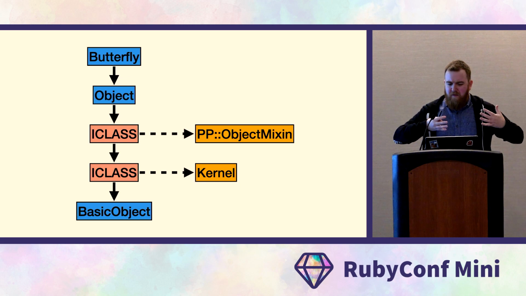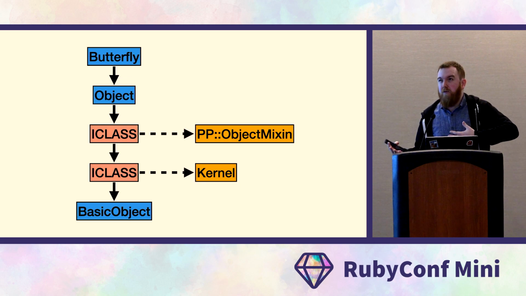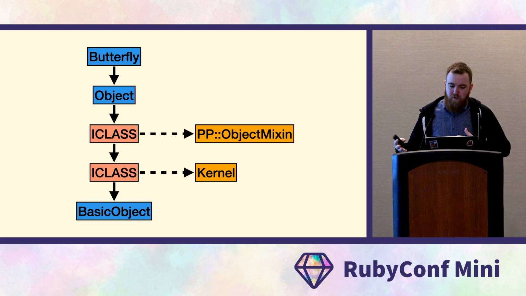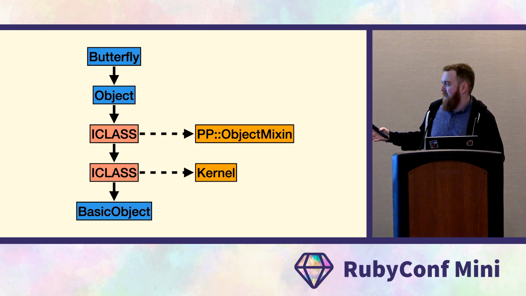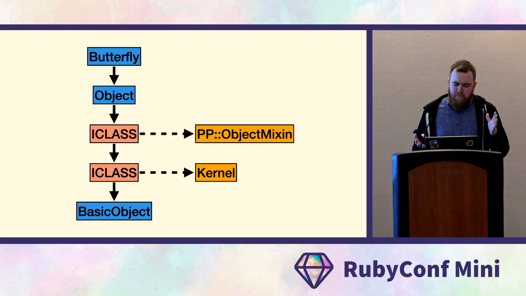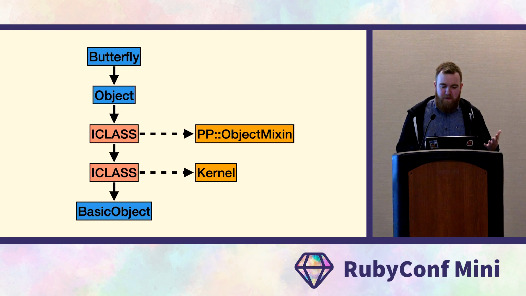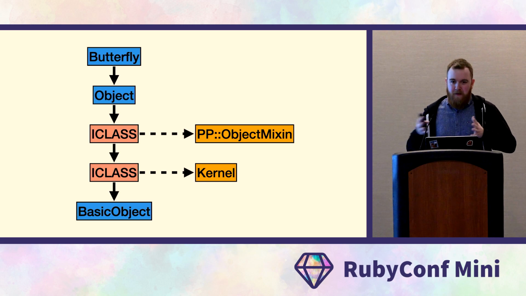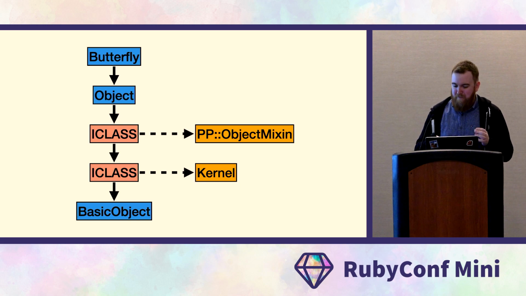Those represent the inclusion, or if you prepend a module into a class, you get one of these objects. I think that's just an implementation detail. You're never supposed to see this from Ruby. It's hidden. It just makes it so the C Ruby code internally can treat it as if it's single inheritance, even though it has this kind of multi-inheritance mix-in magic.